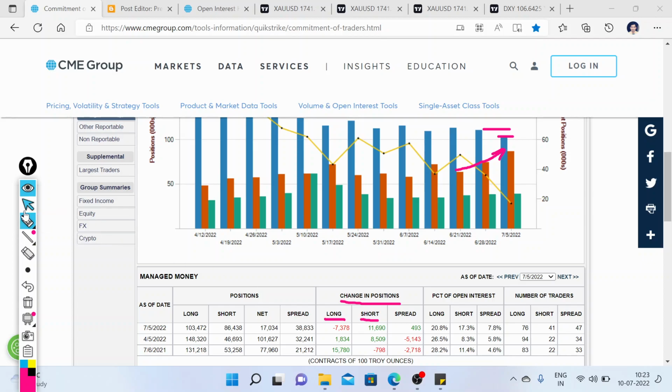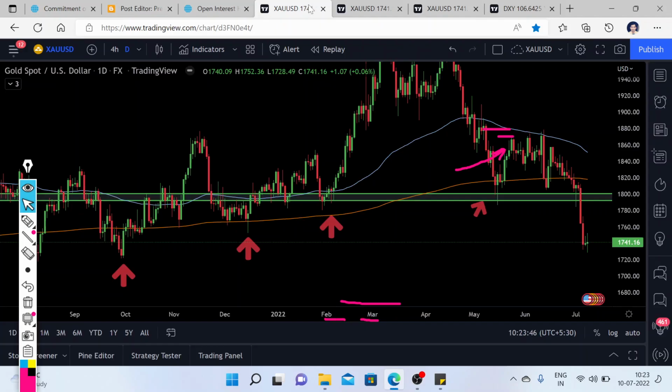If we look at the chart, this is the daily time frame chart, and you already know that worldwide inflation is currently high. In the US and in the Eurozone, annual rates are currently above 8%. For the US inflation data, which is due next Wednesday, we have to make our entries accordingly.